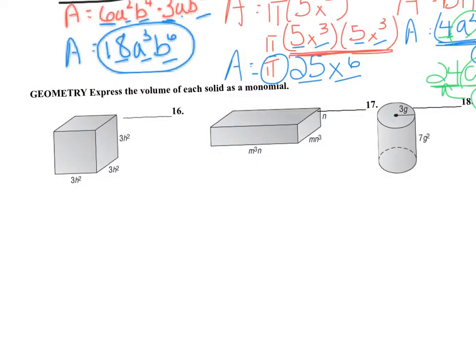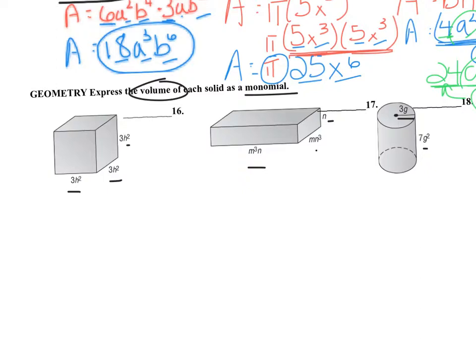For number 16, 17, and 18, we're finding the volume and writing that as a monomial. Notice that each of the measurements on each solid is a monomial, so we're going to be practicing our exponent rules by doing some different formulas in geometry.